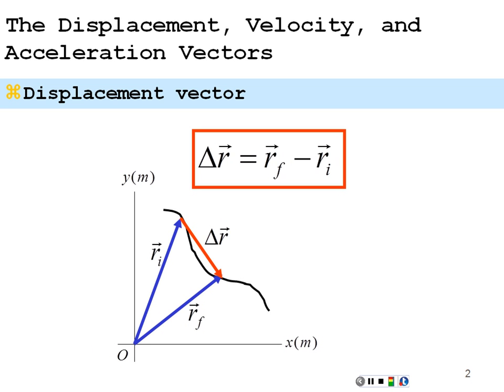My final vector position would go to the same final point, and my delta r would still be the same, even if those initial and final position vectors were longer vectors. Wherever I define my origin, the delta r is still going to be the same no matter what. So this displacement vector is a good place to start.